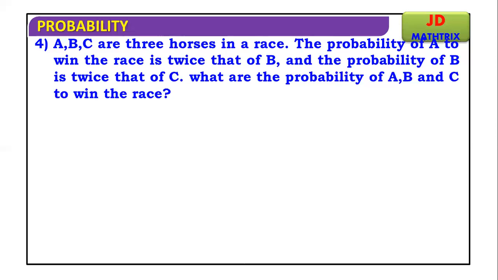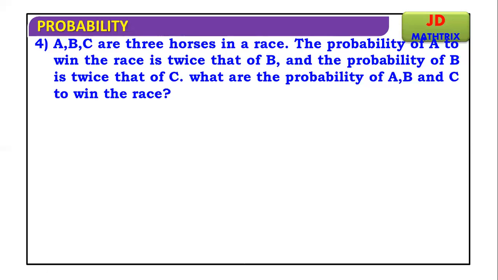No 2 horses will win the race at the same time, because all the horses have different probabilities of winning, because the probability of A to win the race is twice that of B. So no 2 horses have the same probability to win the race. That means only 1 horse will win the race.